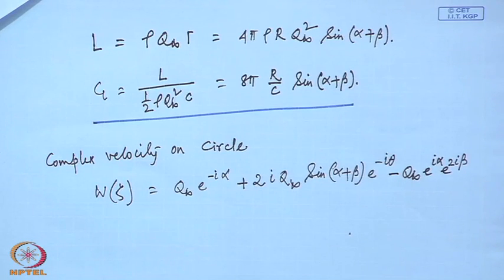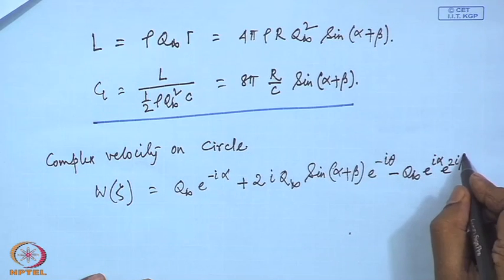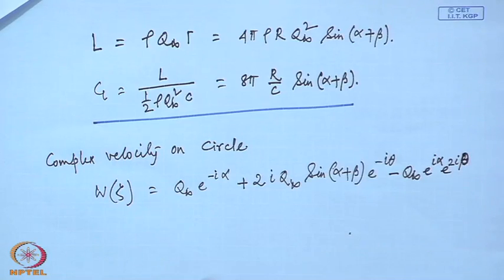Simplify. Oh, not 2 i beta, this will be 2 i theta, no? Beta is only for the trailing edge.